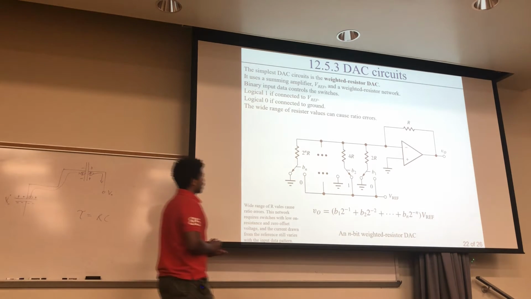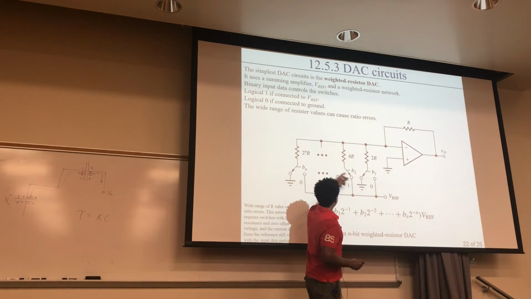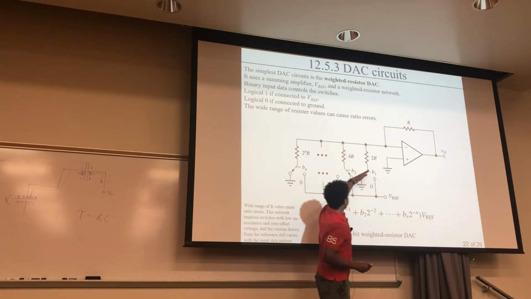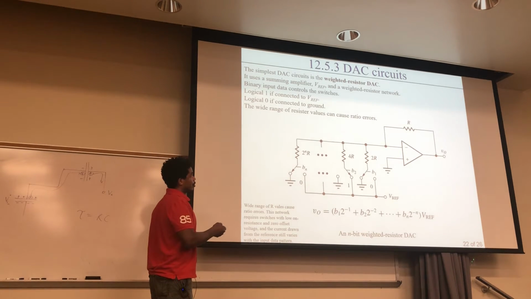Here's your input stream, your bits from B1 to your least significant bit, and that just switches back and forth to let the circuit know which input you're receiving. Each one of these resistors is 2R, that one is 4R, up to 2^N R.